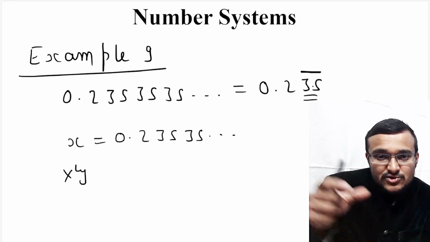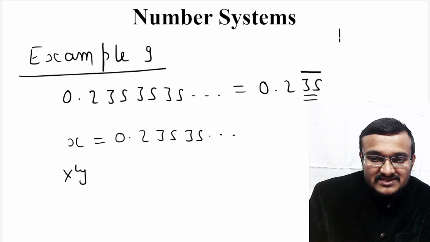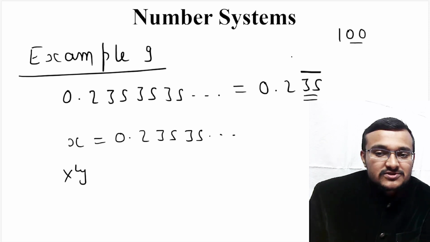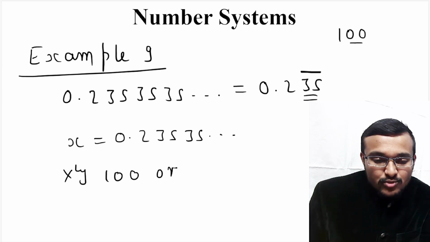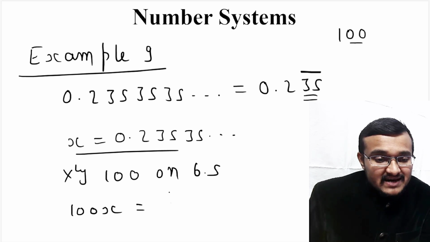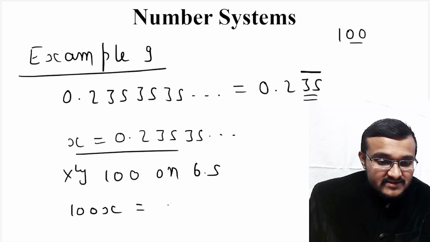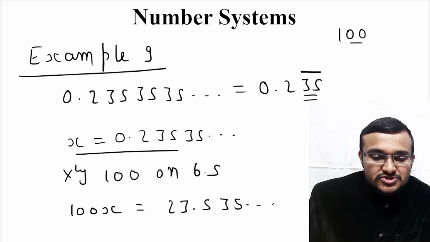So you have to multiply this with 100, that is 2 zeros followed by 1. So multiply 100 on both sides of this equation. So it will become 100x. When you multiply 100 with 0.2353535, it will become 23.535, and it goes on like this.